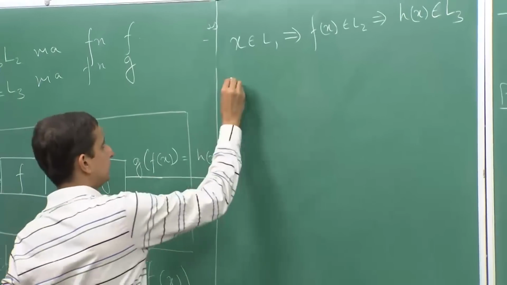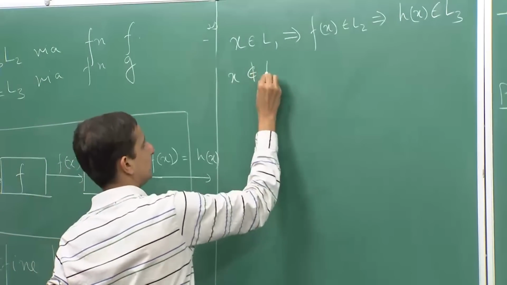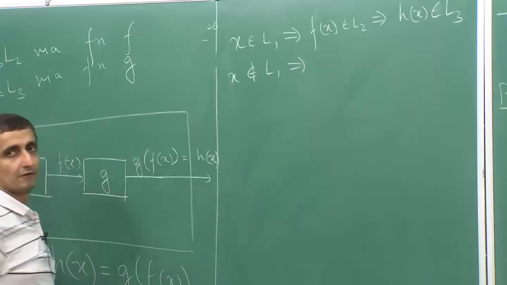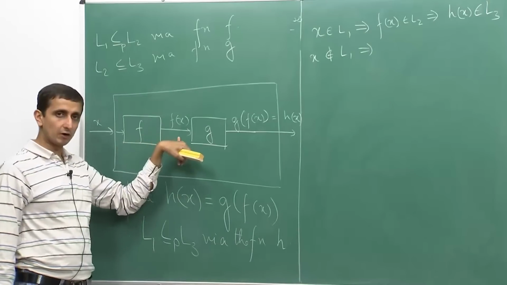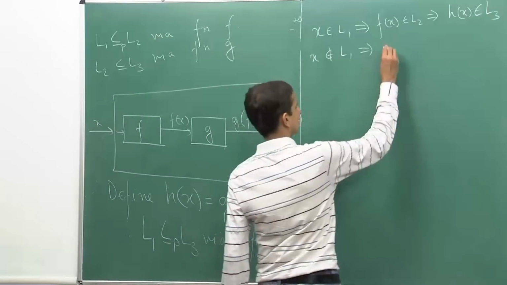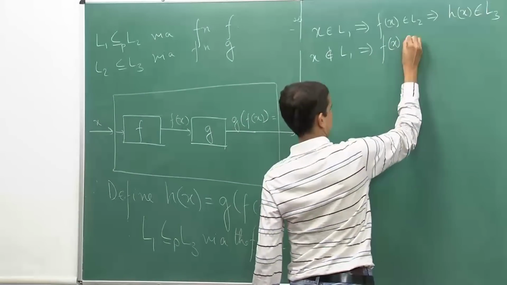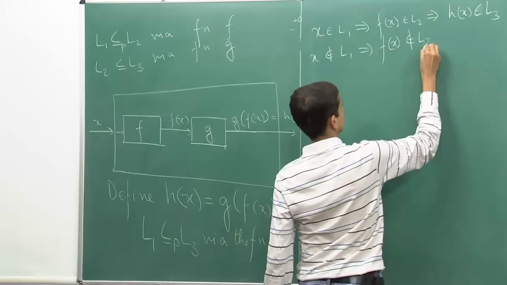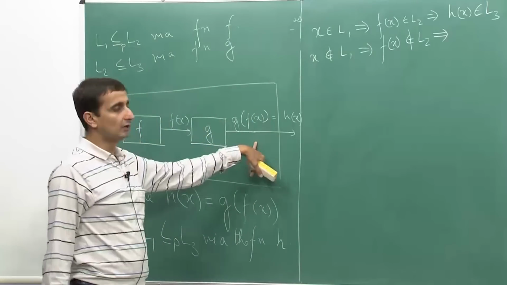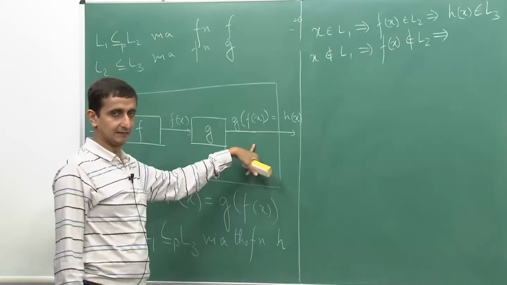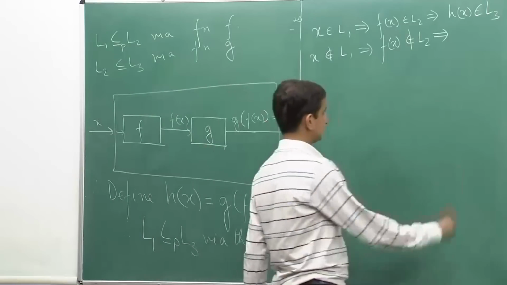On the other hand, if x does not belong to L1, then by the definition f of x will not belong to L2, and if f of x is not in L2, then g of f of x is not in L3, therefore, h of x is not in L3.